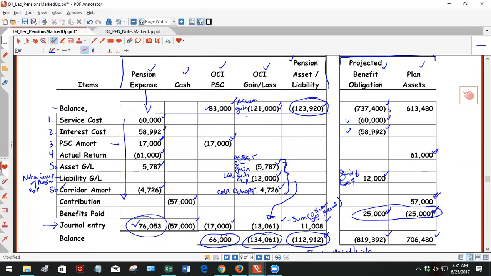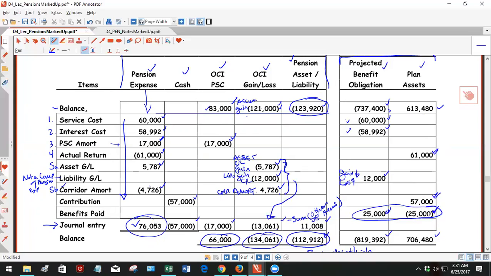Because what happens on some CPA questions and questions that may end up on my test is they'll tell you the beginning and ending balance of the PBO or the plan assets, and they'll give you everything except one, and you'll have to use algebra to solve for the missing component. So they'll tell you plan assets was 613,480 and ending plan assets was 706,480.